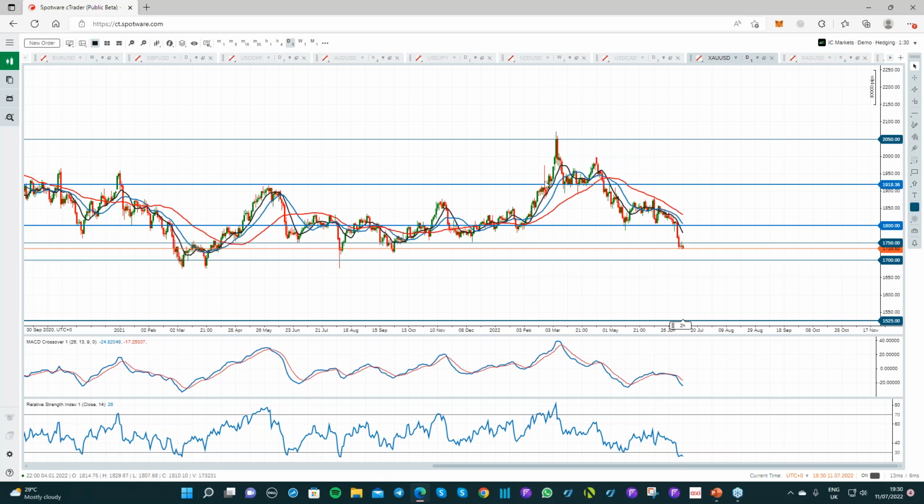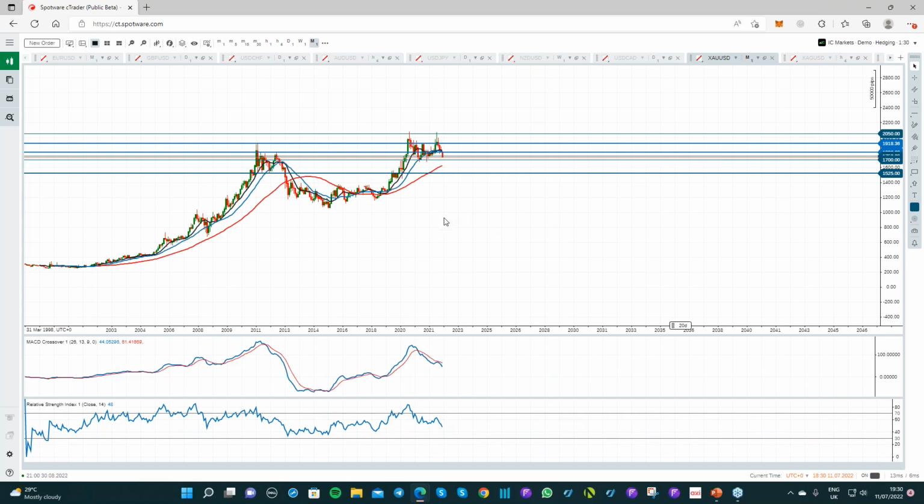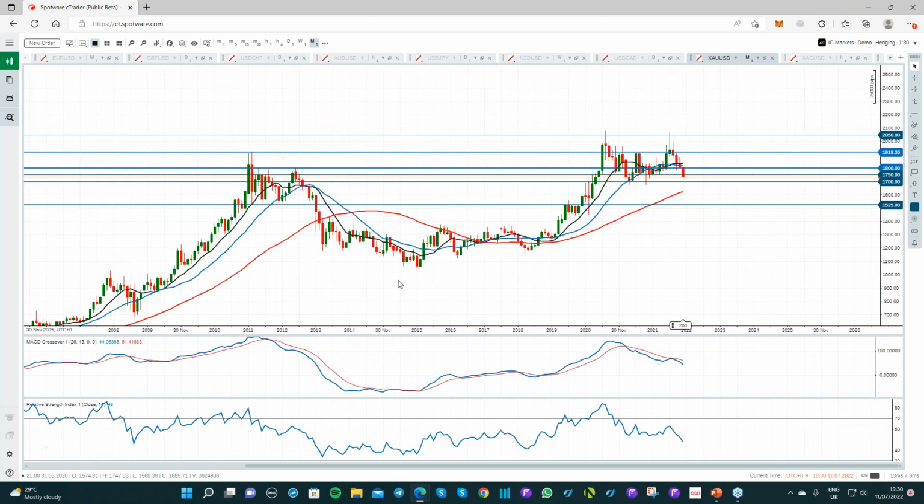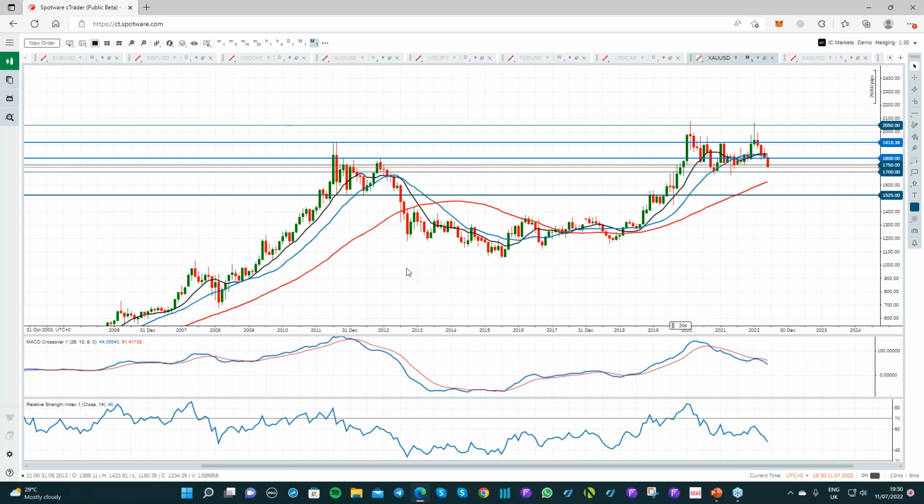But really, in all honesty, I will always go to the monthly time frame, and how far back I have to go will depend on the instrument, the currency or the commodity or whatever it is that I'm trading. It just so happens that approximately 10 years ago, back in 2011, 2012, 2013, was when price was last in the vicinity, over here.